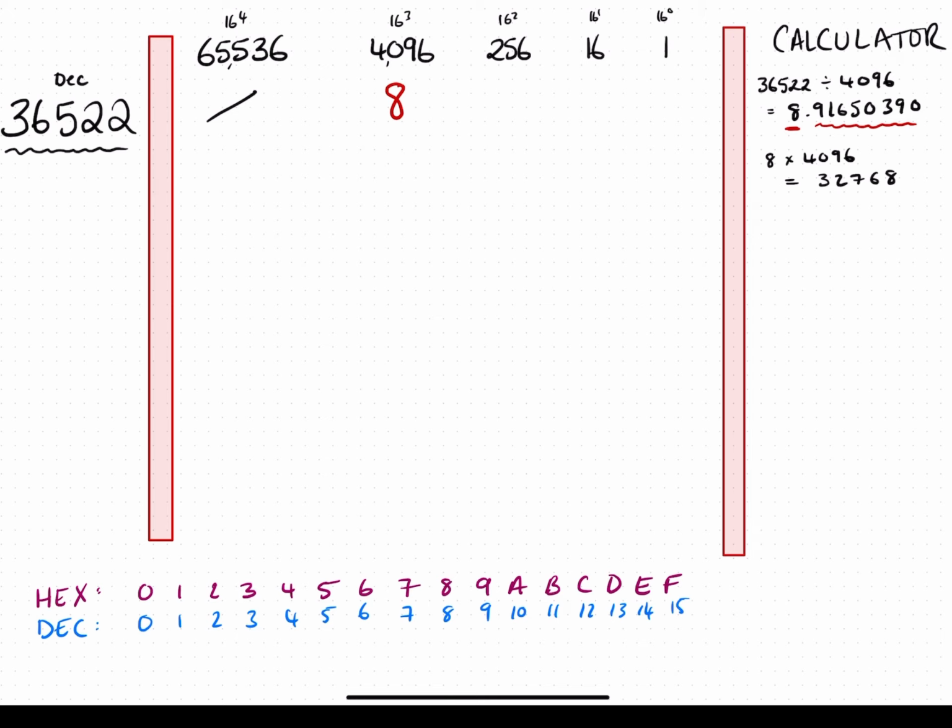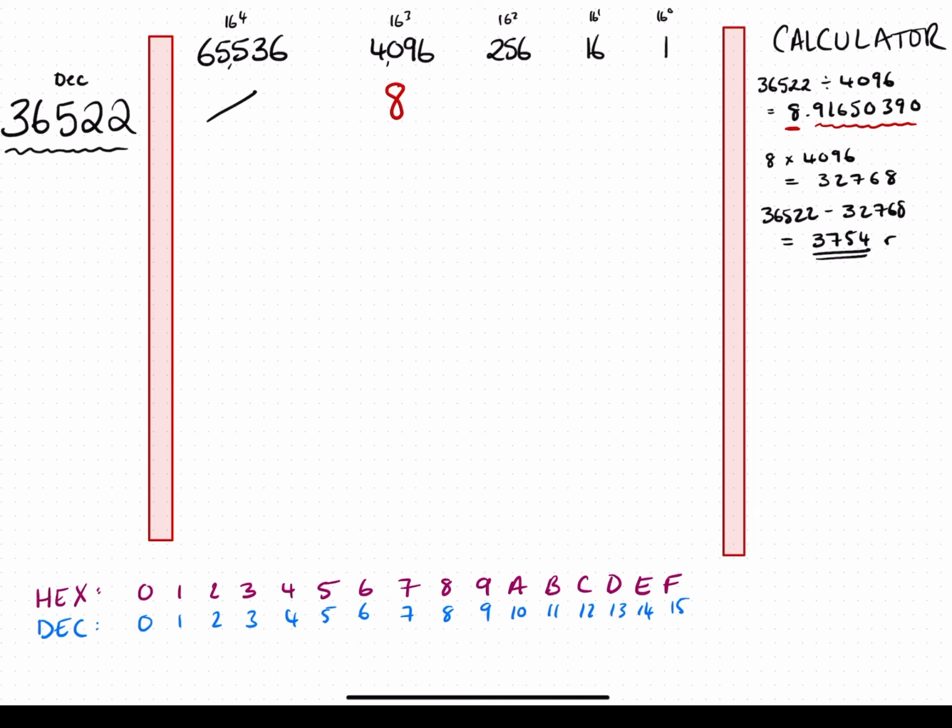So again to the calculator, and it's 36,522 minus 32,768, and for that I get 3,754 remainder. That means when I take my 8 times 4096 away from my original number, I have a remainder of 3,754, which I now need to deal with.